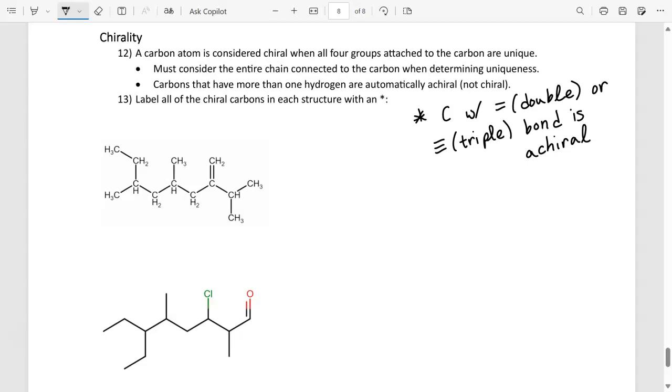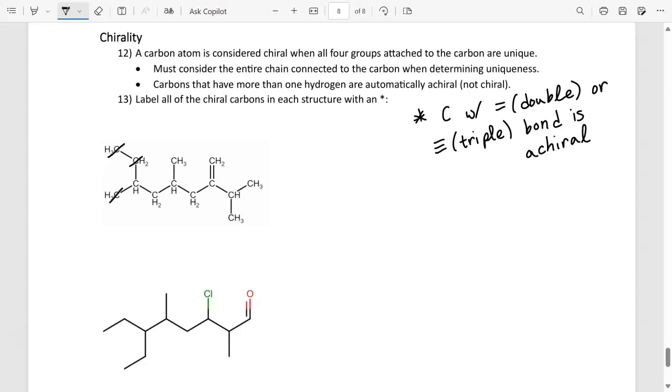Okay, so let's look at what this means. If I'm looking at a structure and I'm trying to determine all the chiral carbons, the first thing I'm going to do is go through and eliminate all of the automatically achiral carbons that I can spot. Those are the ones that have multiple hydrogens or that have double or triple bonds. So, as I'm looking at this first structure, the carbons on the end have 3 hydrogens, so those can't be chiral.